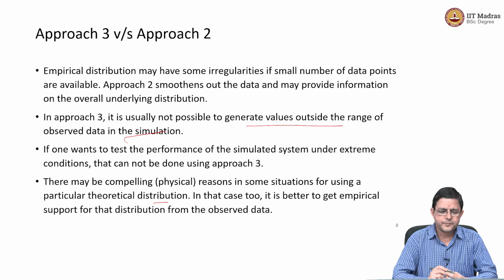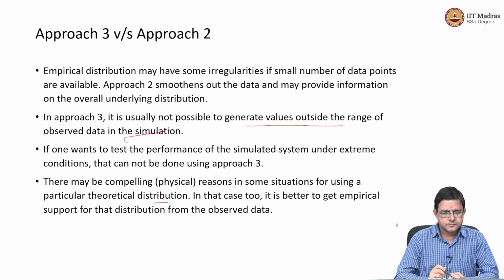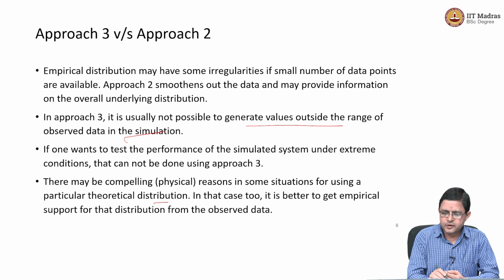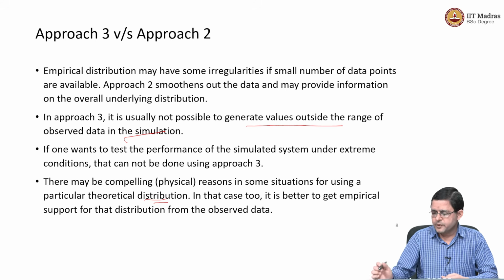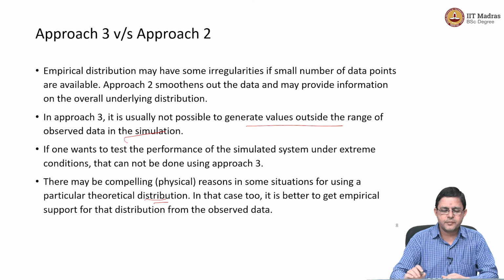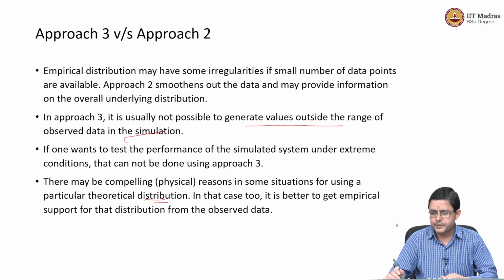Is it coming close there? In those cases, theoretical distributions, why not test them first? So, that is the difference between fitting a theoretical distribution and fitting an empirical distribution.